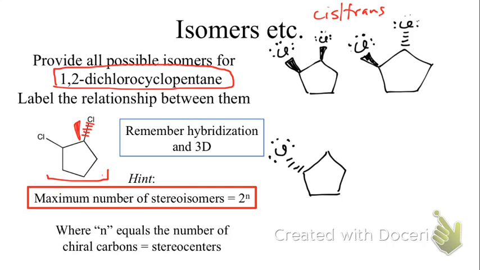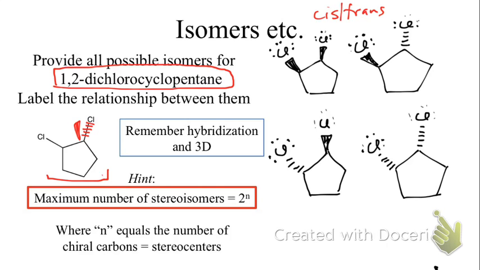So now I need to do that same comparison that I just did, but now with my first chlorine being dashed. So I can say that second chlorine is wedged, or that second chlorine could be dashed. And so what we've got are four possibilities.